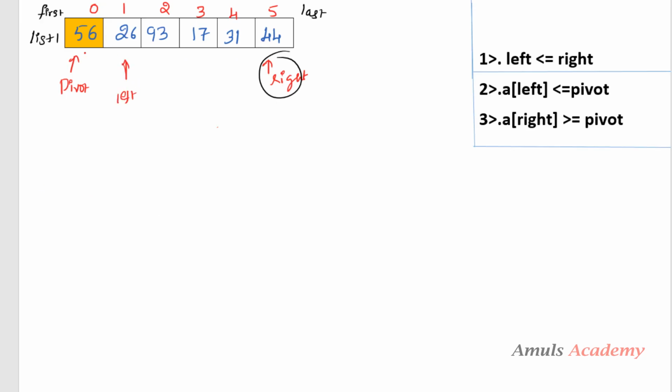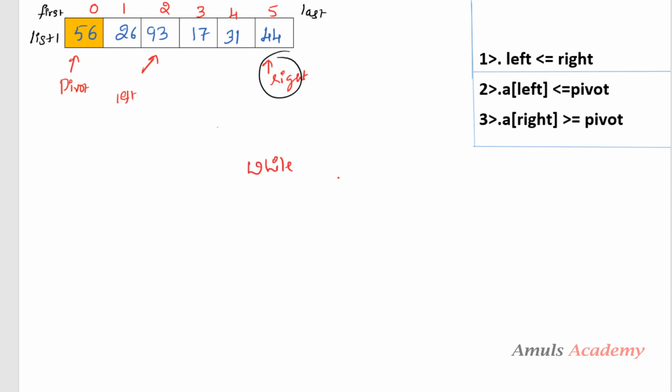I'll check 26 is less than or equal to 56. Yes, it is true. So now I'll point towards this value. I'll check whether 93 is less than or equal to 56. No, right? So I'll stop here. I'll go to the right side and check whether the value present in the right index is greater than or equal to 56. No, it is not. So I'll stop here. In this situation we stopped both while loops.